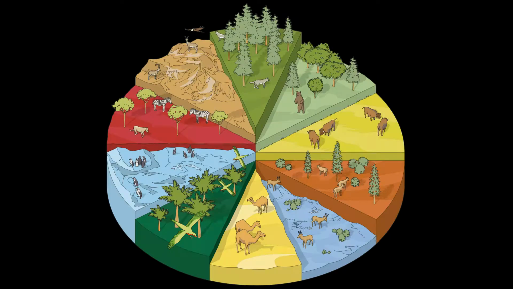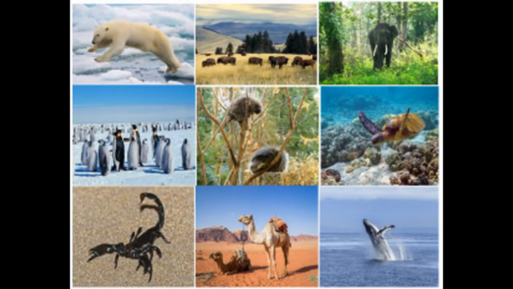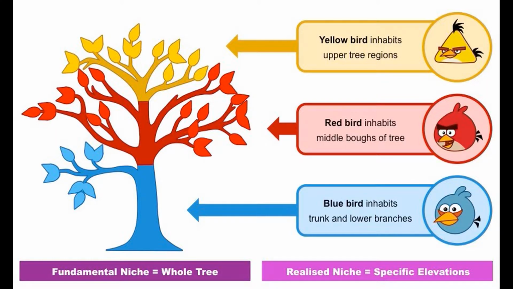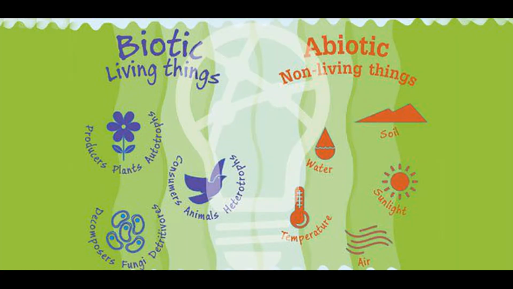Also, the definition of habitat, which is the general place where an organism lives, and the definition of niche, which is the range of physical and biological conditions in which a species lives and the way the species obtains what it needs to survive and reproduce. In short, a niche describes what an organism does and also how it interacts with biotic and abiotic factors.